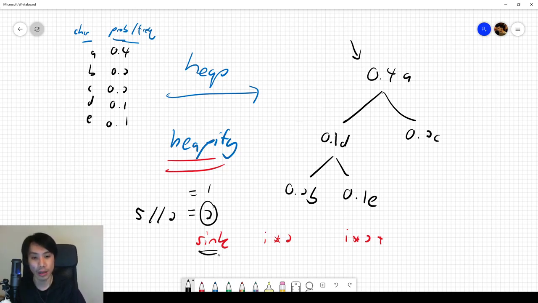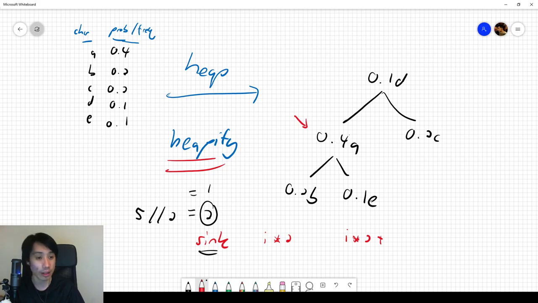And then I will perform a sink again. So I look at the 0.1 here and the 0.1 here, whichever is smaller. The one here is smaller, so I'm going to perform a swap. Here will be 0.1 G, and here will be 0.4 A. I'm here in my sink.